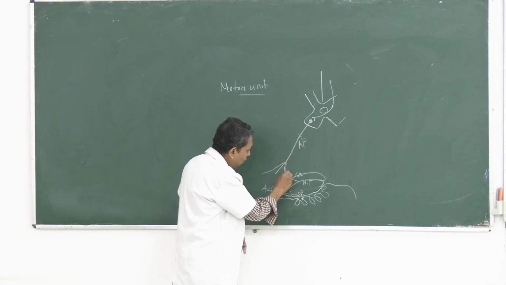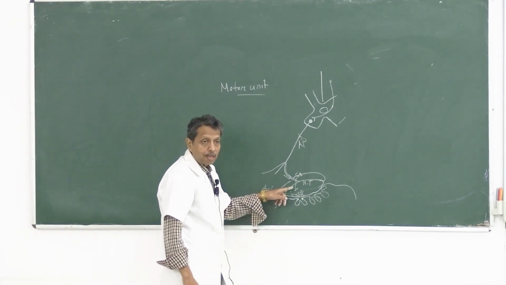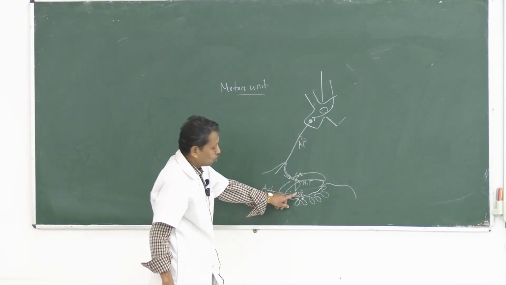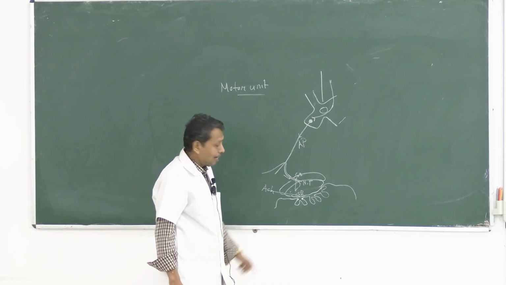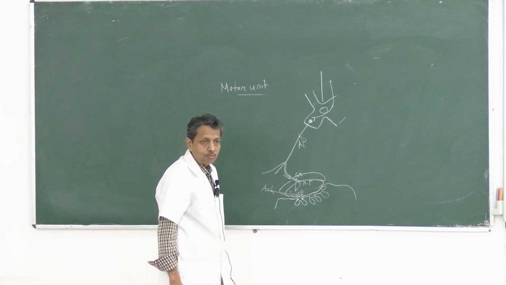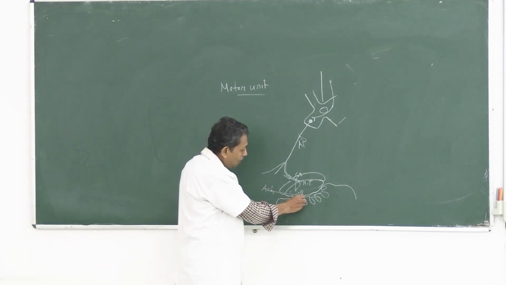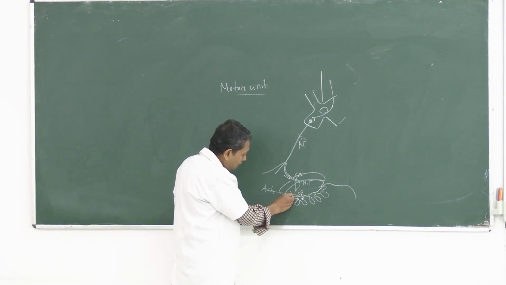Due to this entry of calcium ions, there is exocytosis of the acetylcholine-containing granules, which are clear granules. When acetylcholine comes, it unites with the nicotinic receptors. In this space there is also the presence of anticholinesterase.